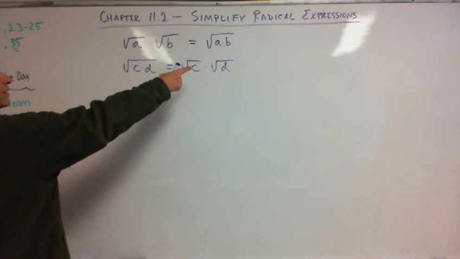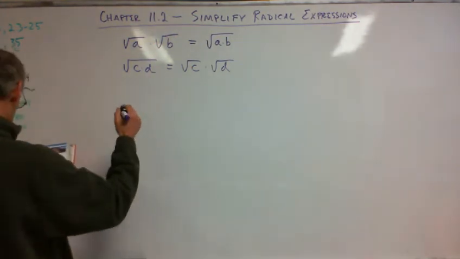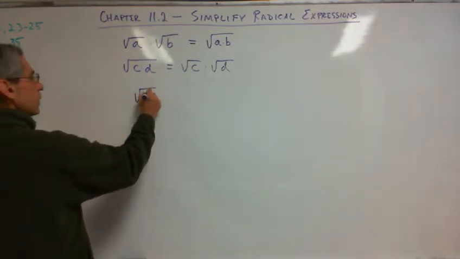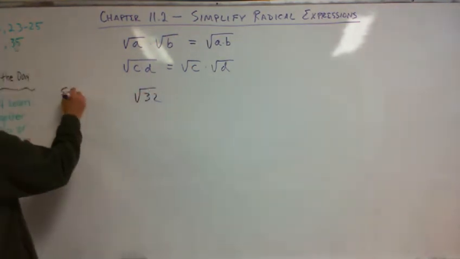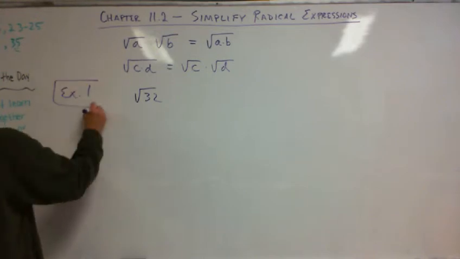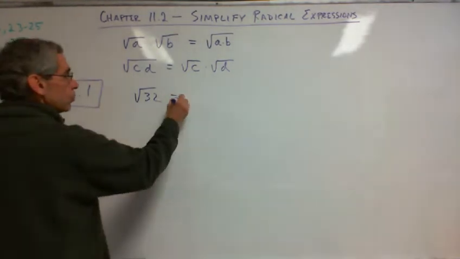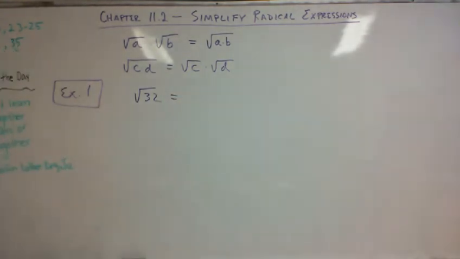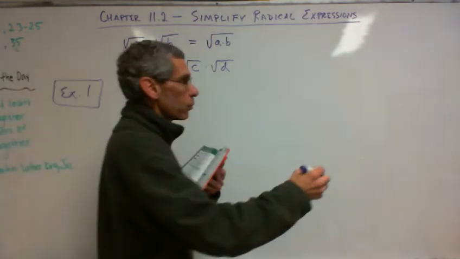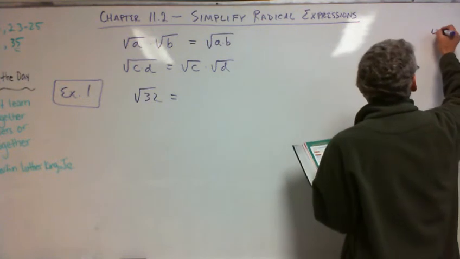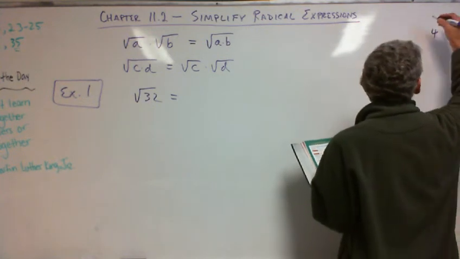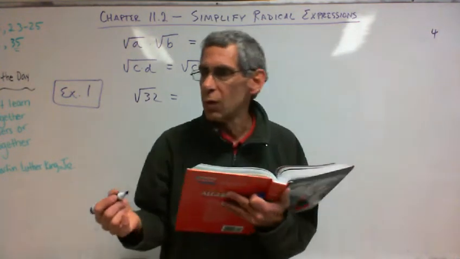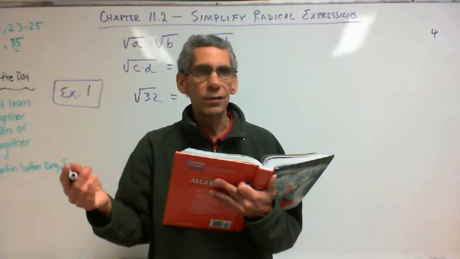So using these concepts, this is example 1: the square root of 32. You're looking for the largest perfect square that's in 32. Our perfect squares are 4, and 1 doesn't really help you, because 1 times a number is that number.